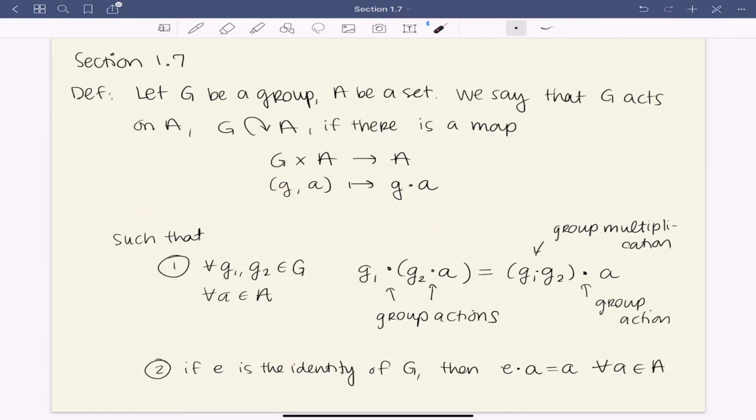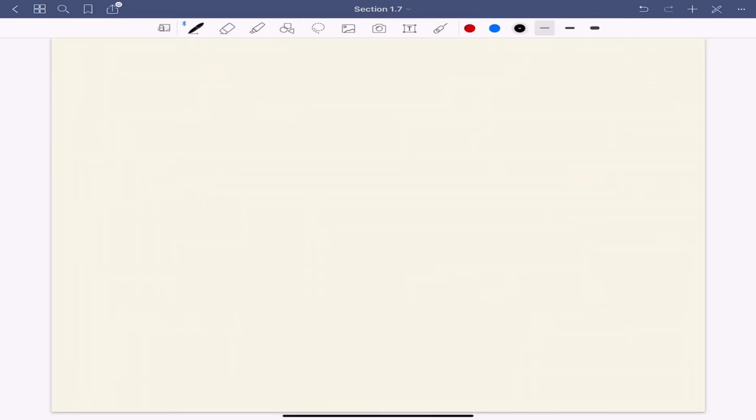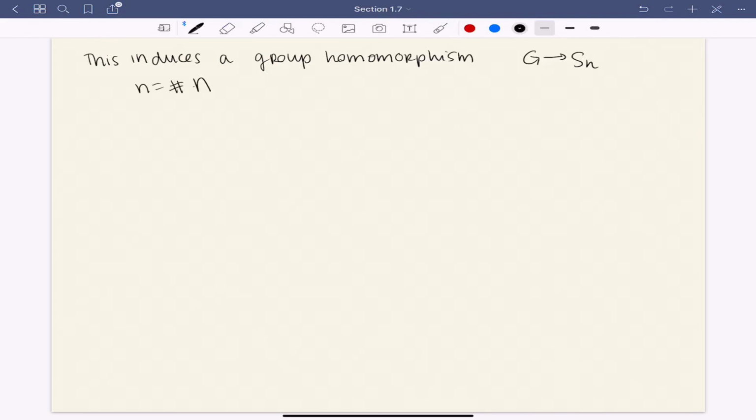Or another way to say this is to say that this induces a group homomorphism from G into S_n, where n is the size of my set A. So how is this group homomorphism even induced?